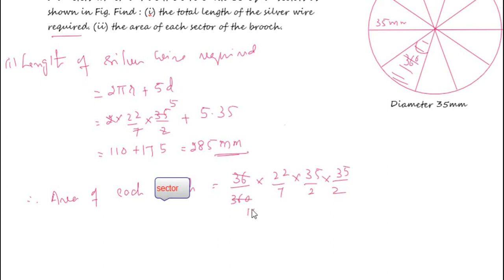This 7 cancels with this 7, and we get 35 into 10, 55, 33 plus 5 divided by 2 into 2, it is 4. So many mm square. This is the area of each brooch.